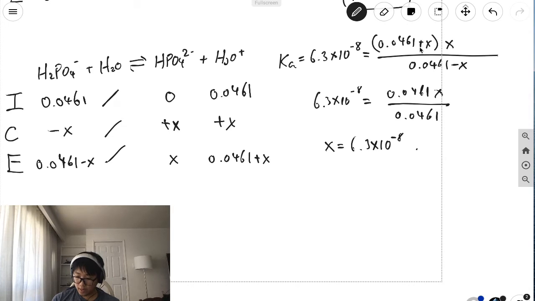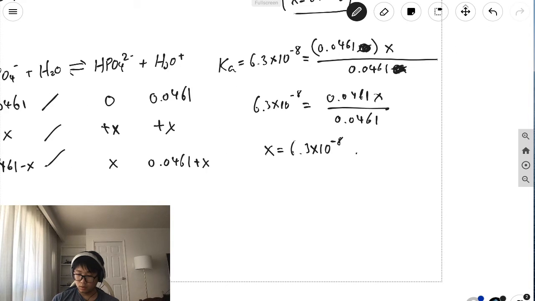So look, I'm saying that I can just ignore the plus x over here, and ignore the minus x over here, because this is pretty much equal to 0.04, and this is pretty much equal to 0.04. Can't these two just cancel then? If they cancel, then you just have x equals 6.3 times 10 to the negative 8. Where did you get the 2 point something from?